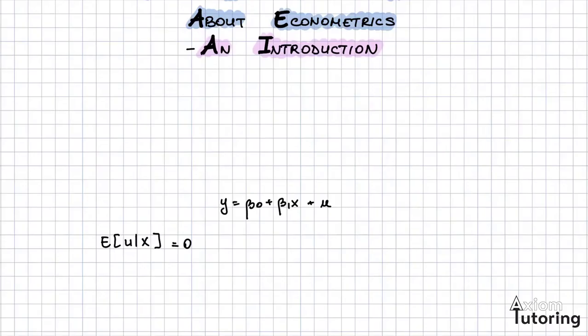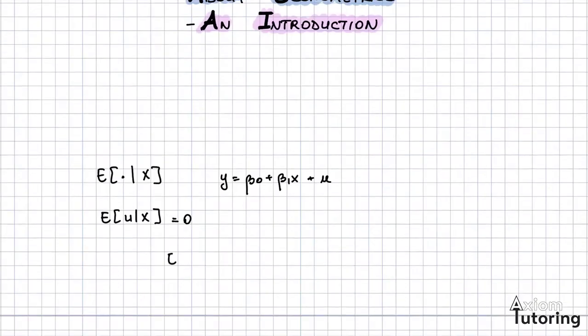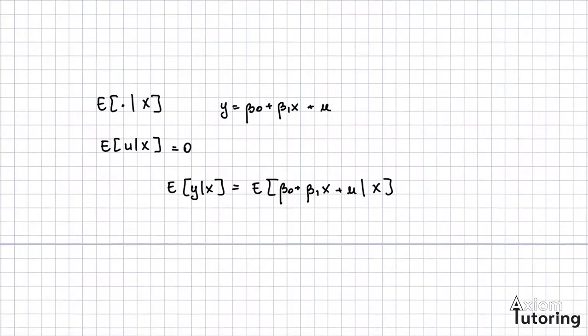Okay, so that means that if we were to take the expectation of the expressions on both sides conditional on x, then we see that the expectation of y given x is equal to the expectation of beta 0 plus beta 1 x plus u, all of these conditional on x, by using the linearity of the expectation operator.